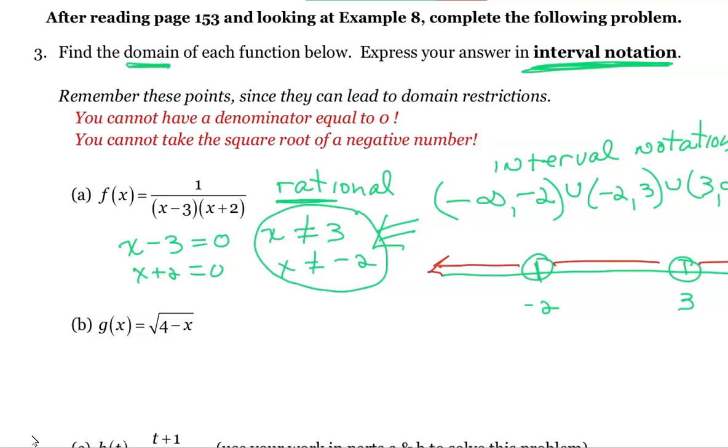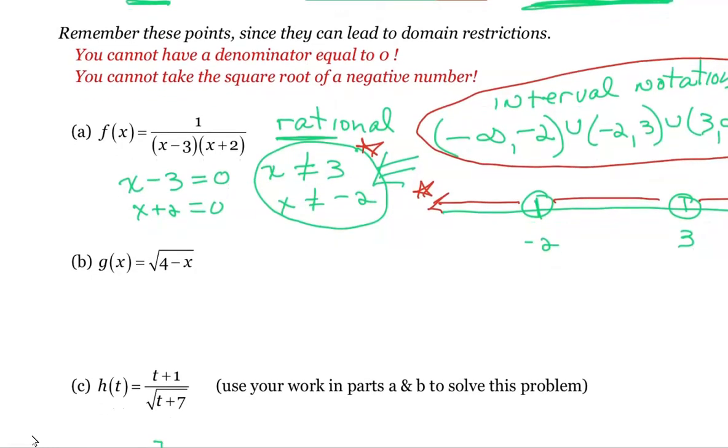So whether I give you this piece or this piece, you have to be able to get me this piece on this quiz. All right, let's look at the next one. Same idea. I'm not going to give you the function like this, but I will give you the limitations, and then you have to tell me the interval notation.